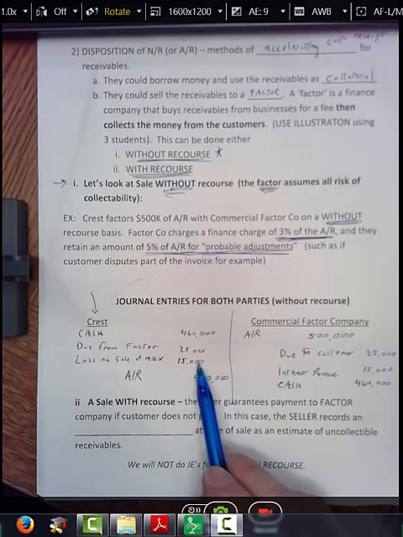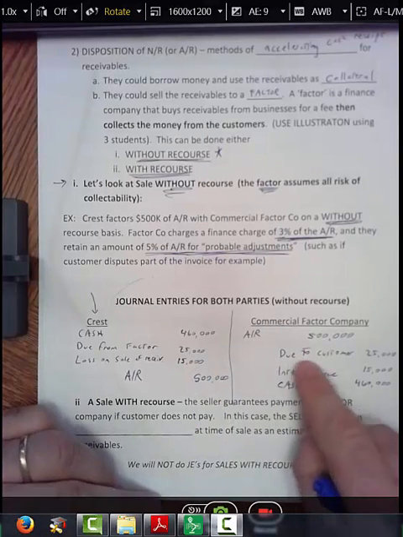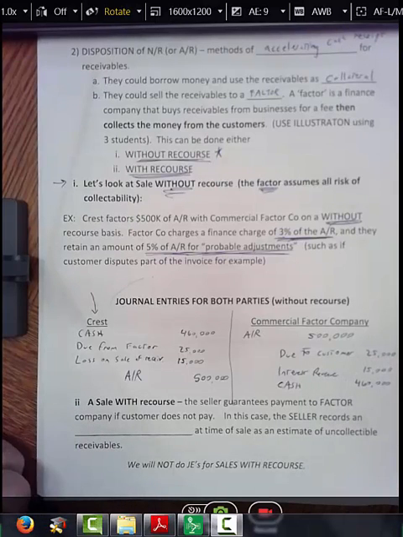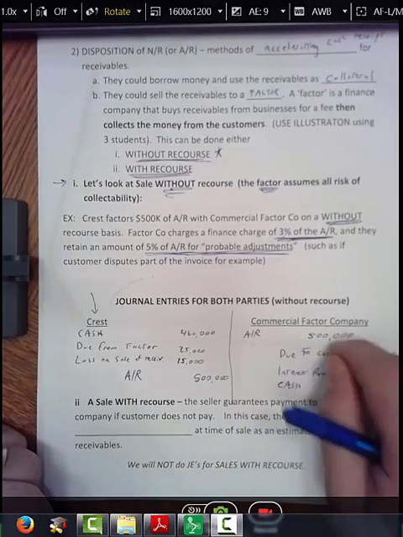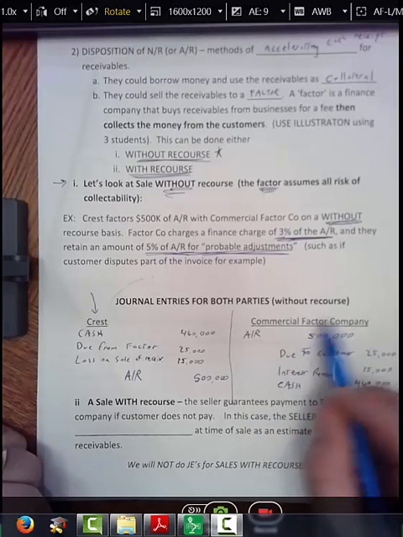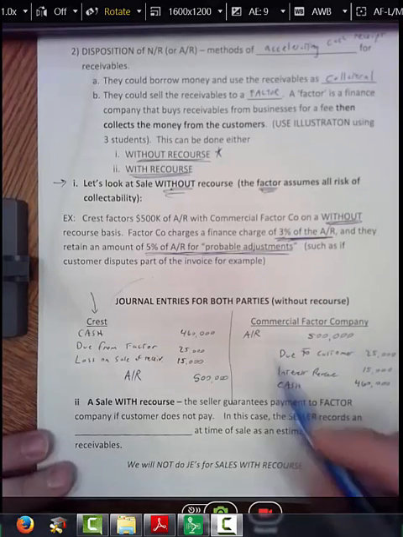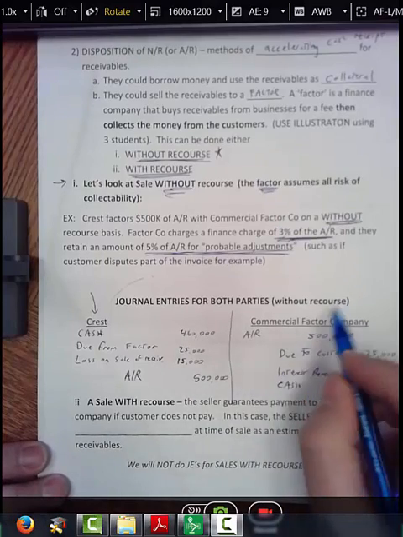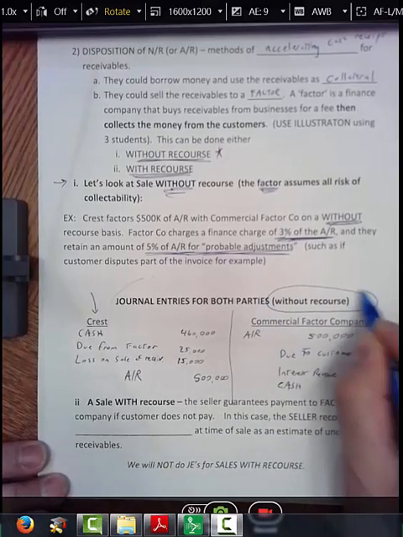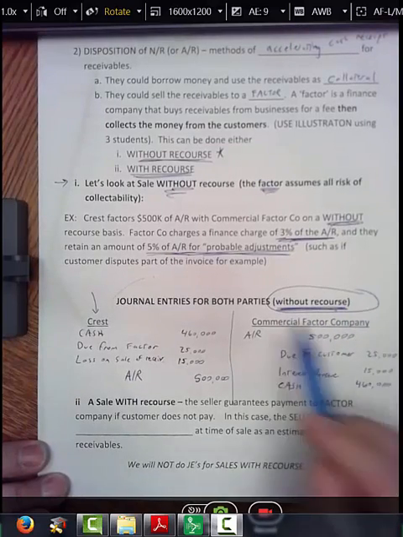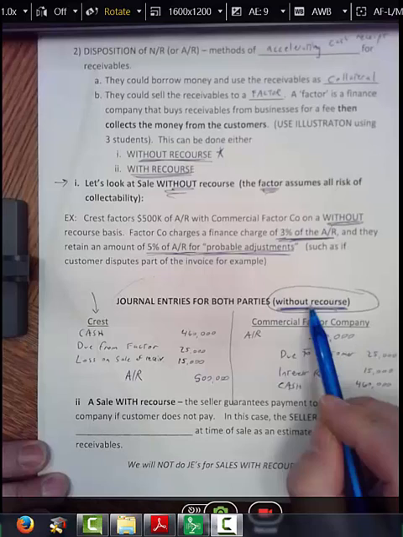But again, this is kept as a scenario if the customer who owes $500,000 disputes some of those charges or something like that. So it's not too difficult, but this is the journal entry for both parties without recourse. I'm not sure if that's written on your handout or not, but make sure it is.